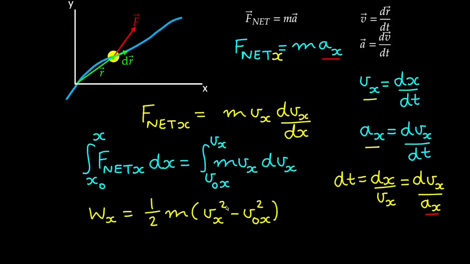And this is the work-energy theorem, which states that the work done by the forces acting on a particle is equal to the change in its kinetic energy. Now, if we followed the same procedure in multiple dimensions, you get the following expression.